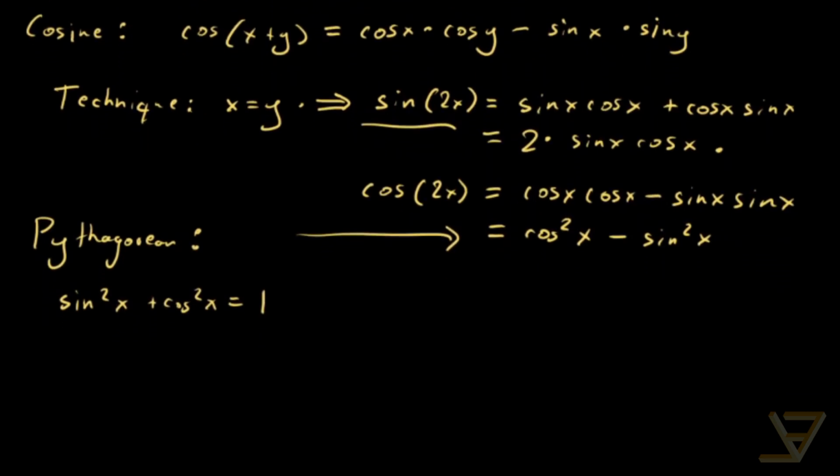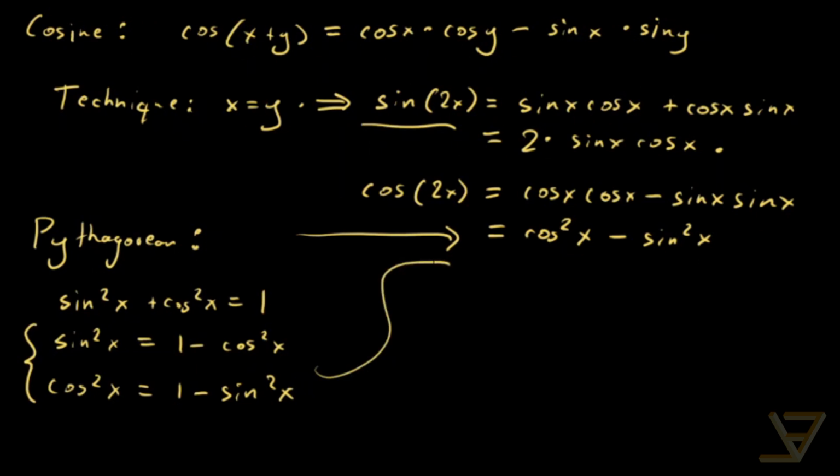And that tells us two things: that sine square x is equal to 1 minus cos square x, and cos square x is equal to 1 minus sine square x. And now we're going to use those over here. So this is the first form, but there are two other forms that we can use. We'll call this A and this B.